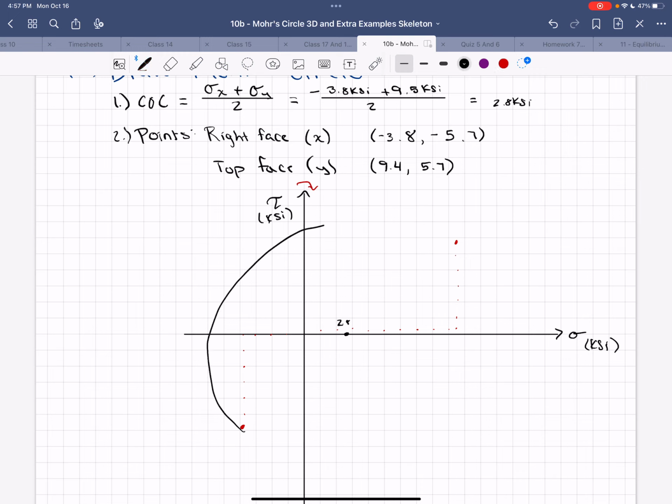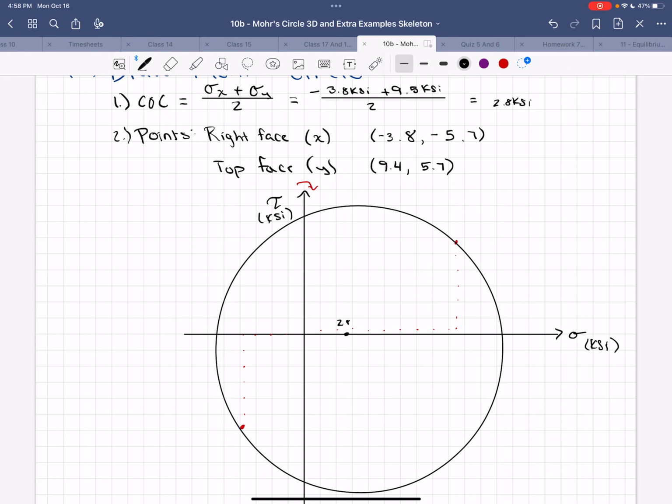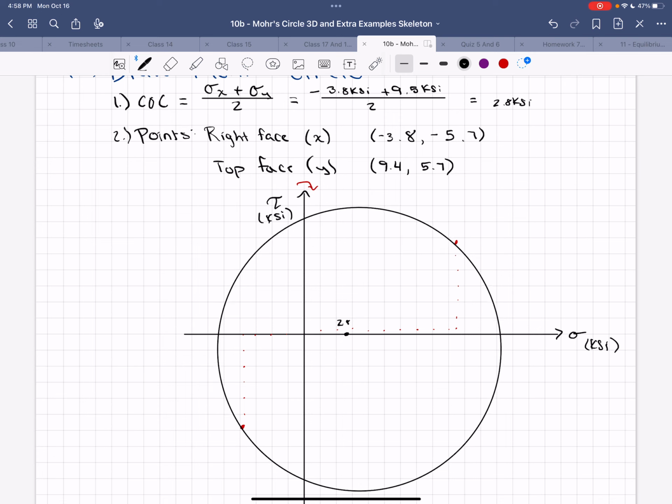Now, with the help of my iPad, I can draw an oval and turn it into a circle that pretty much goes through those 2 points. Let's label this point and this point so it's real obvious what's going on here. This is my x face, or the right face, and it is 3.8 and 5.7.